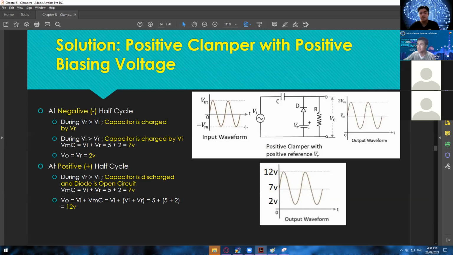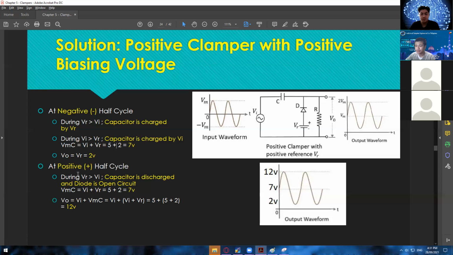That comes first because this one is an AC voltage, so this one will start with 0, 1, 2, and then incrementing. And once this one becomes higher, VI is now greater than VR, and the capacitor is now charged by VI itself. So it stacks: 2 plus 5 is equal to 7.